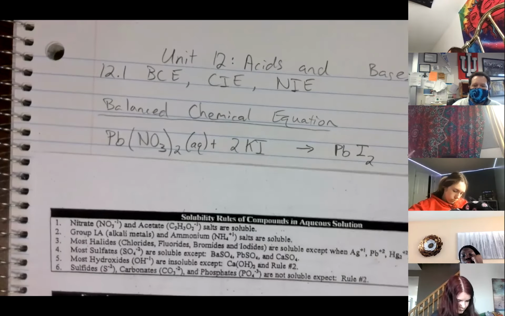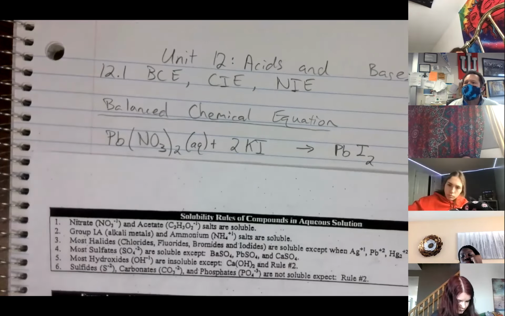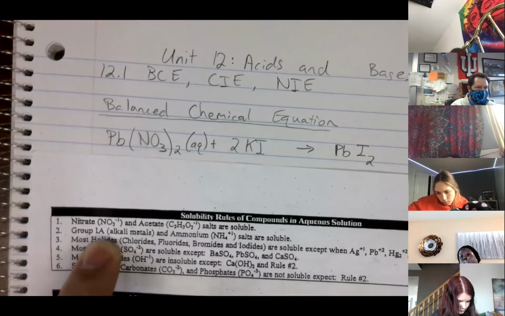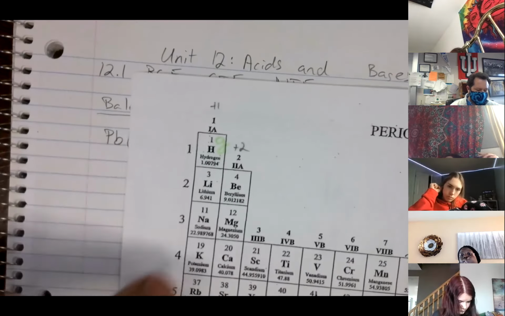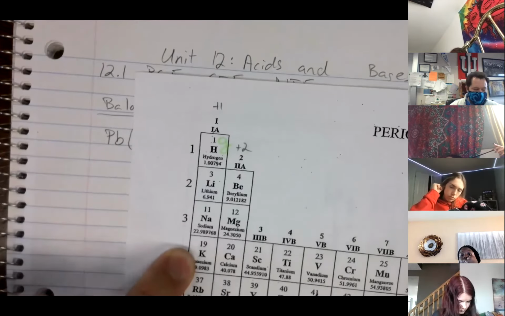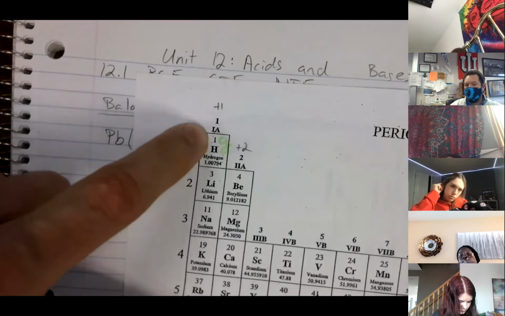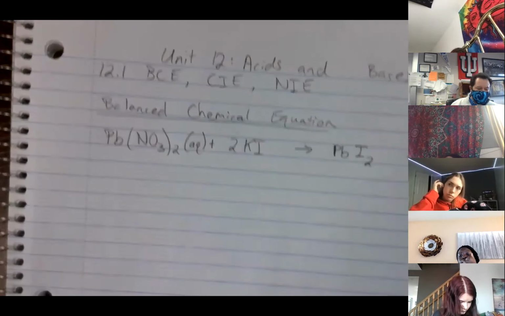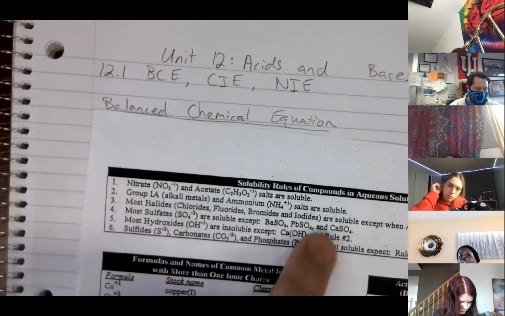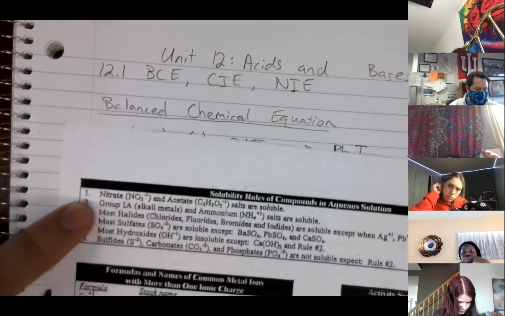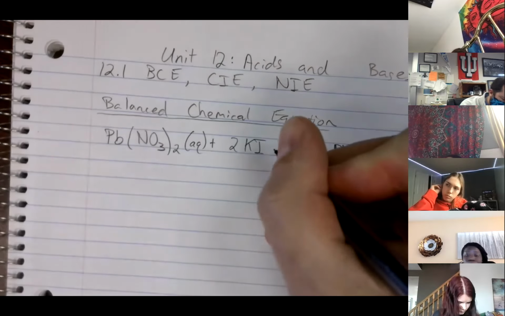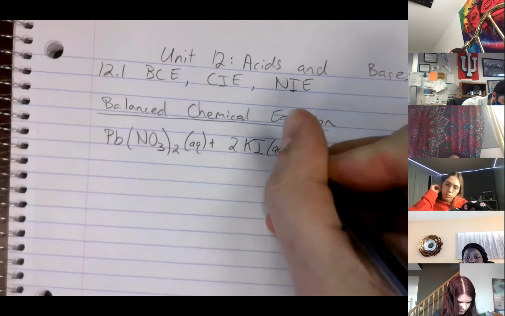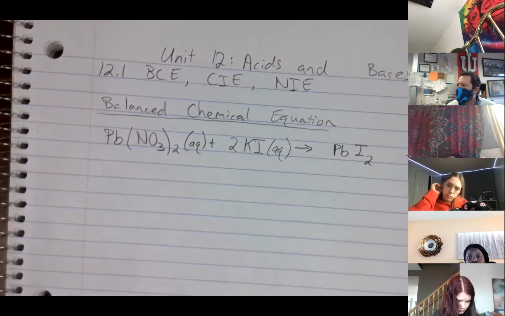A lot of people skip over rule 2, group 1A alkali metals. Potassium is a 1A alkali metal, so rule 2 would also work. So rules 2 or 3 would work. This one is soluble. It will dissolve in water.